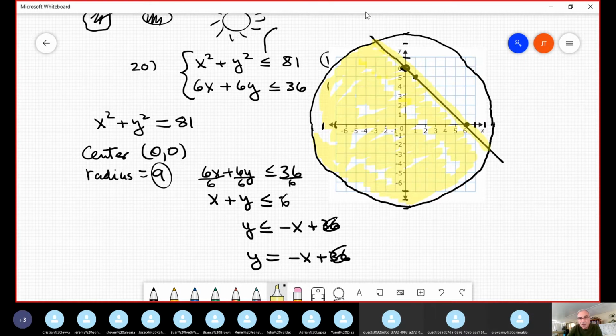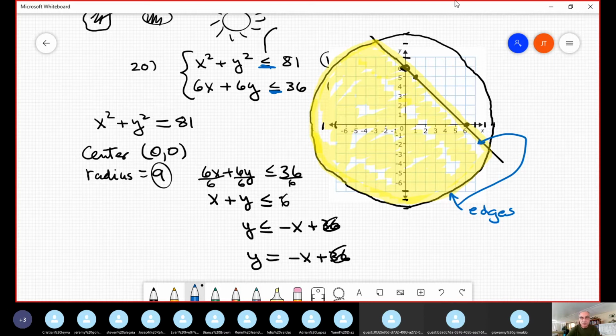Yes, it is. And this one? Also, right? Yes, sir. All the way around. The reason is clear. Everything inside the 9. Exactly, because it's equal. In both, include the edge.